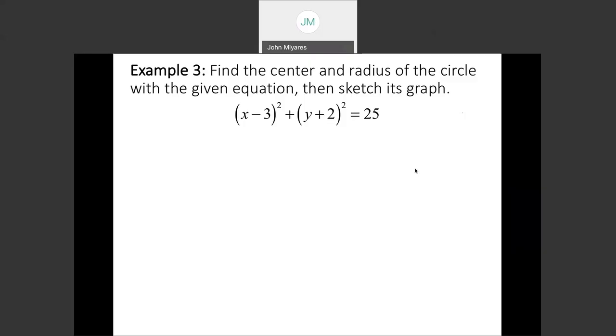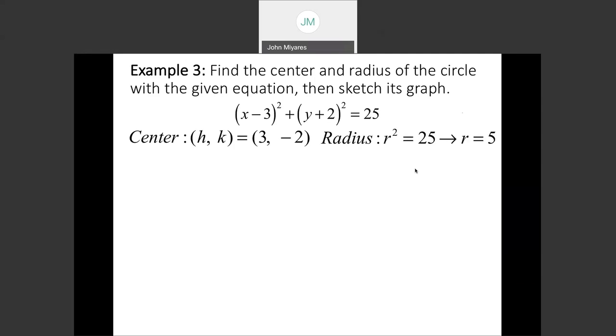Considering the standard form, the values of h and k, which determine the coordinates of the center point, are subtracted from x and y inside those parentheses, giving h equals 3 and k equals -2. So your center point is 3, -2. The radius is the square root of the r squared value on the right side of the equation. So the square root of 25 is 5, so the radius of this circle is 5.